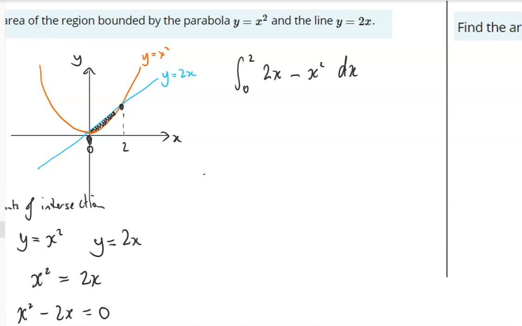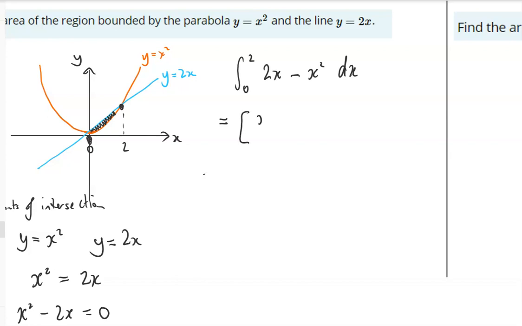It doesn't matter. You just go, oh, okay, I've just got the functions around the wrong way. No big deal. Try it, it comes out to be negative. But it's easier, obviously, if you can do it the right way around, because it just saves time later. So that's what we aim to do.